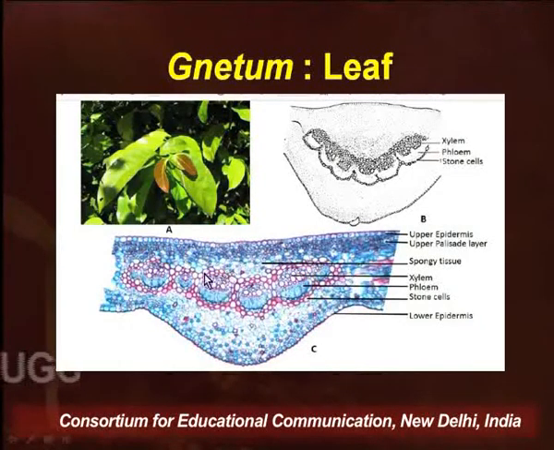The xylem patches are found towards the upper epidermis, and phloem patches are found below the xylem towards the lower epidermis. Below each of these vascular bundles are found thick-walled cells, also termed stone cells. This curved arrangement of vascular bundles along with stone cells is a unique characteristic feature of Gnetum leaf.